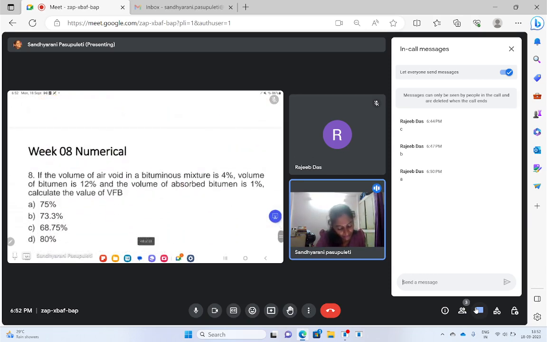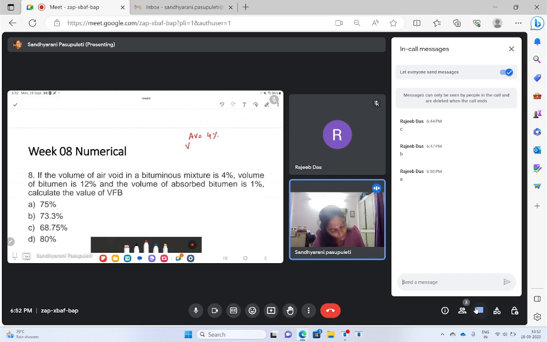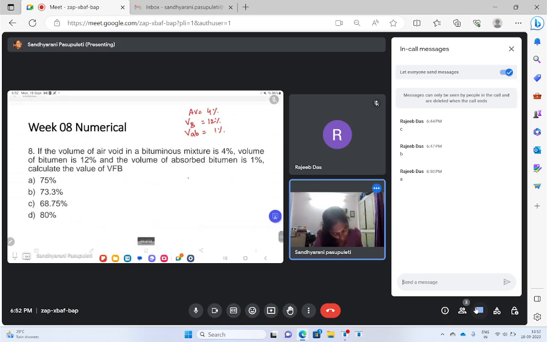If the volume of air voids in the bituminous mixture is 4%, the volume of bitumen is 12%, and the volume of absorbed bitumen is 1%, calculate the value of VFB.